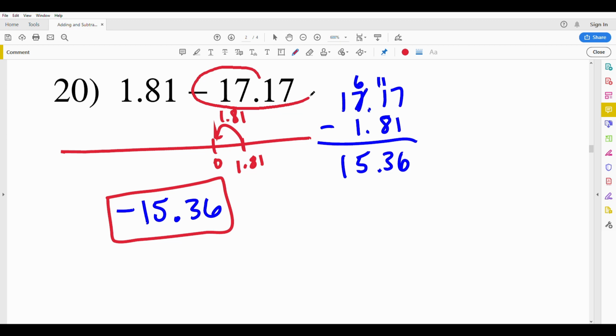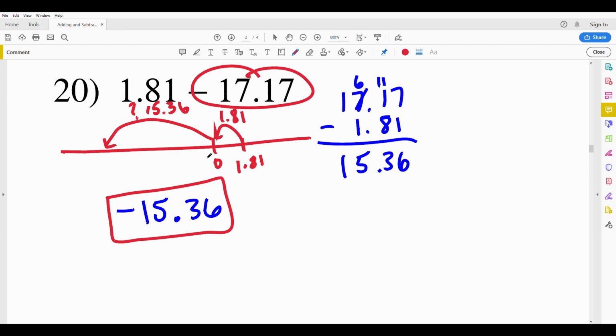But that's not our total distance of 17.17 we need to move, so we needed to move some other distance, which is what we found to be a distance of 15.36 in order to move the total distance of 17.17. So negative 15.36 is our solution in number 20.